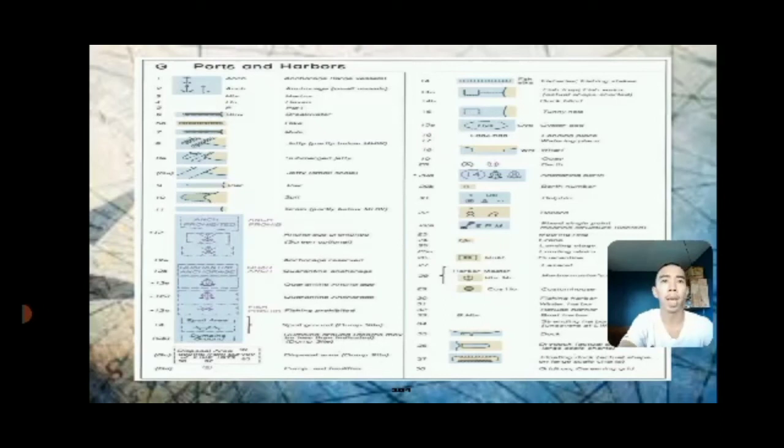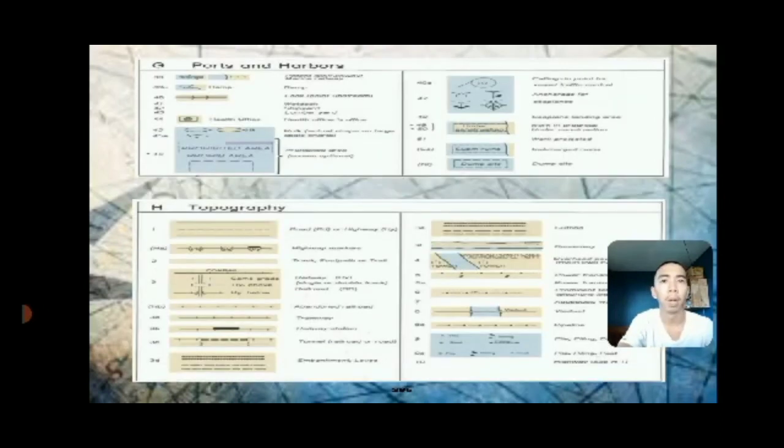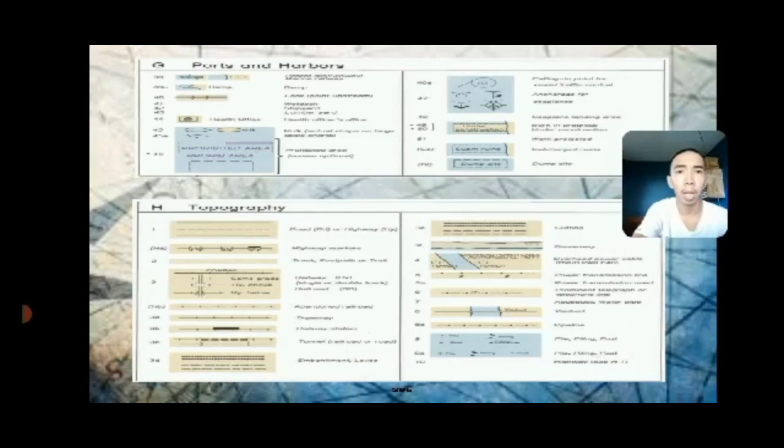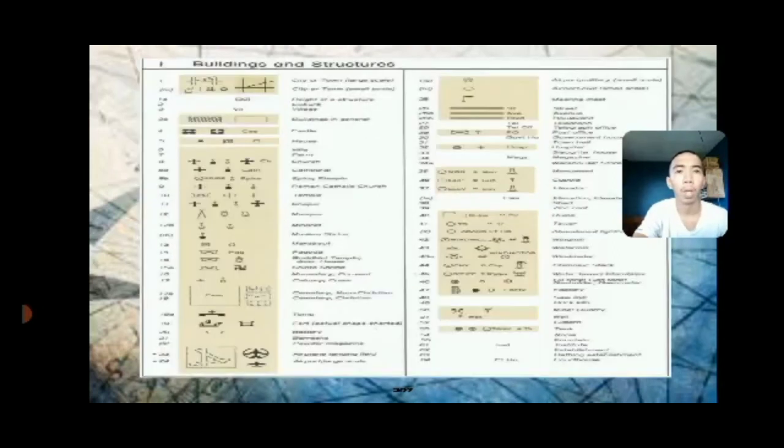G. Ports and harbors. H. Topography. I. Buildings and structures.